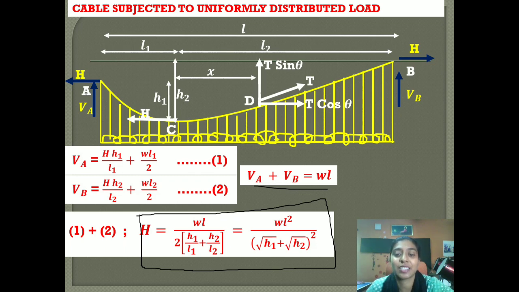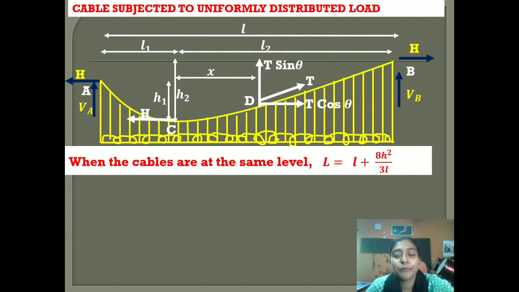This is the next conclusion. Now you can substitute this H, L1, L2, we will be able to find VA and VB.